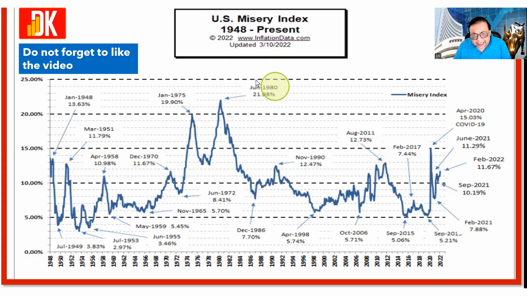That is the historical high as of now. Presently, the misery index stands at 11.67%. What we can observe is that when it remains around 5 to 6%, it is quite comfortable. But it has been rising steadily since February 2021.